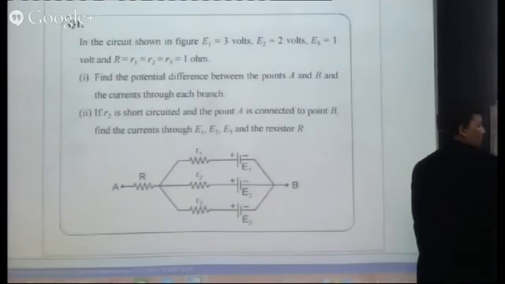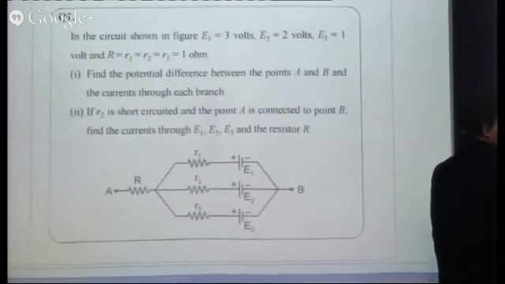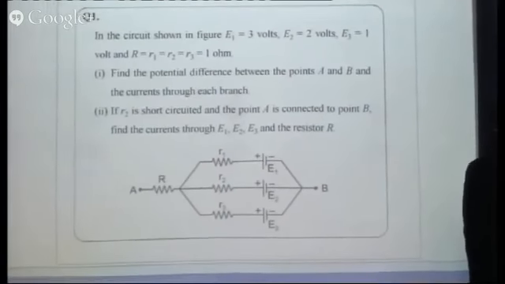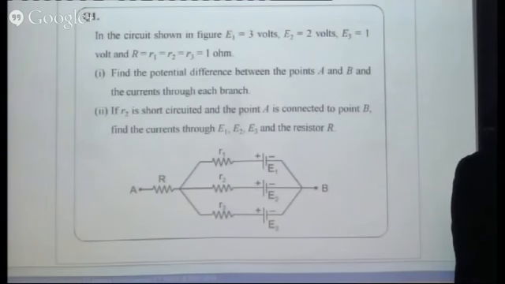Let's do one more question on circuits. This problem has come up in JEE. This is 3 volts. This is 2 volts. This is 1 volt. Resistances are 1 ohm, or 3 are same.